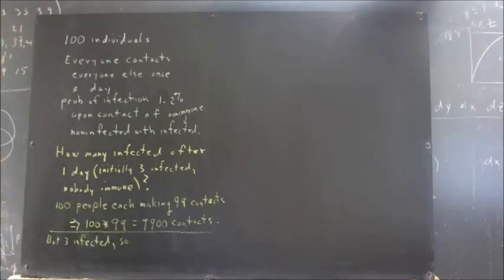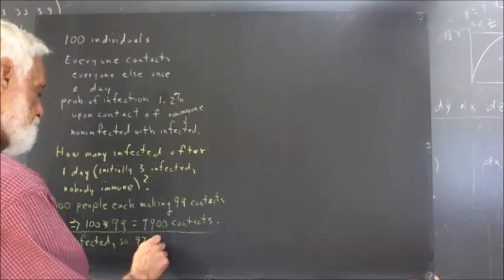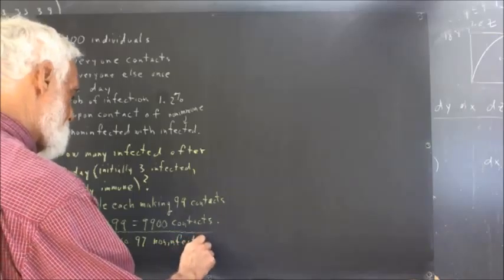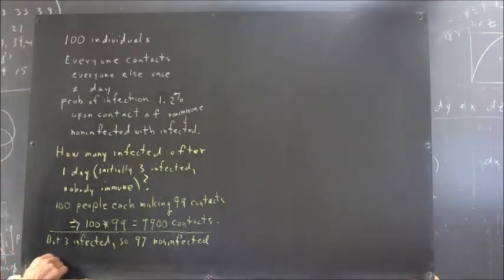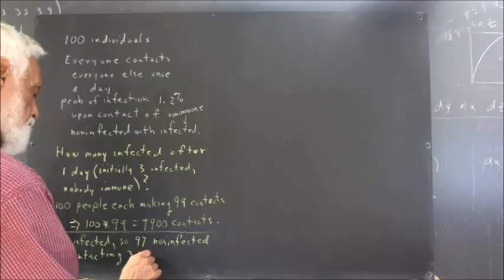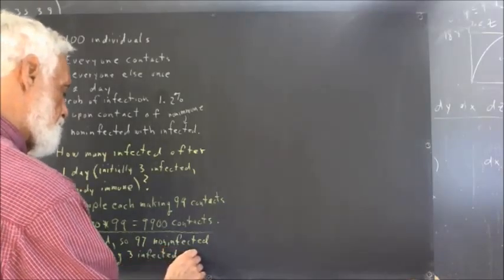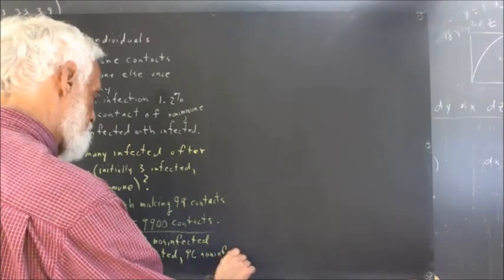So there are 97 people and each makes contact with three infected people and 96 not infected.